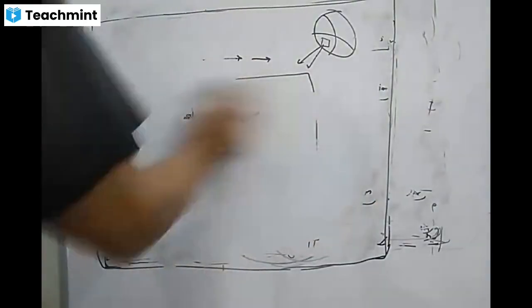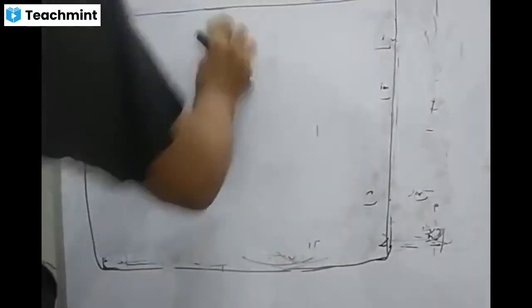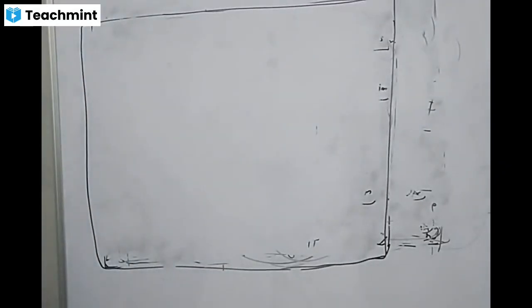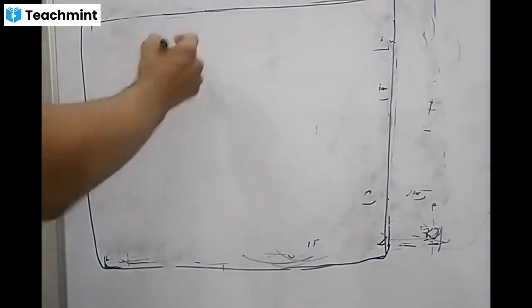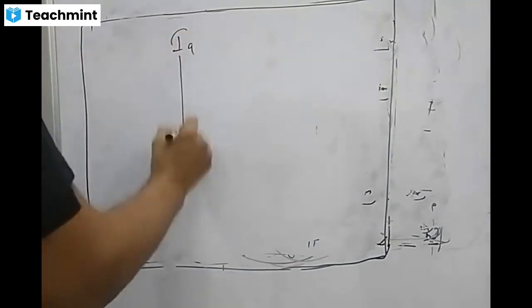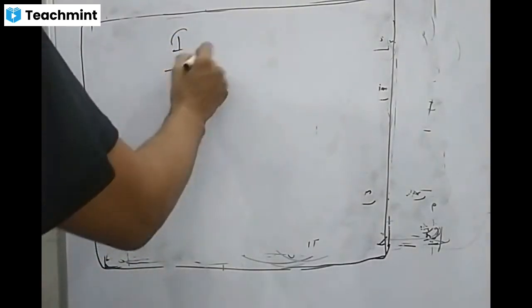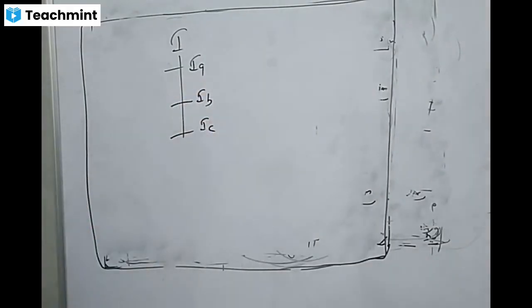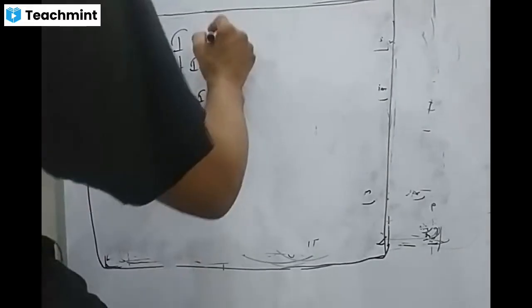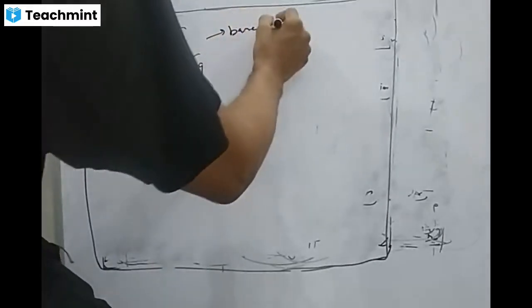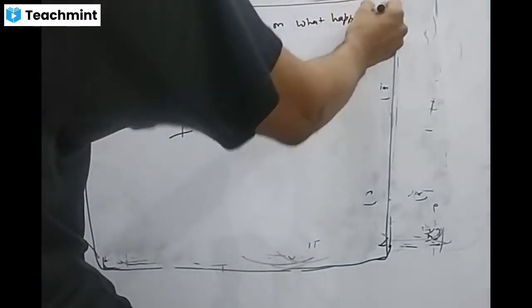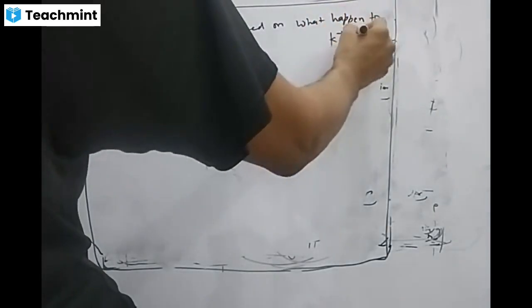The second important thing is about class 1. Class 1 is further divided into 1A, 1B, 1C, and this division is based on what happens to the potassium channel.